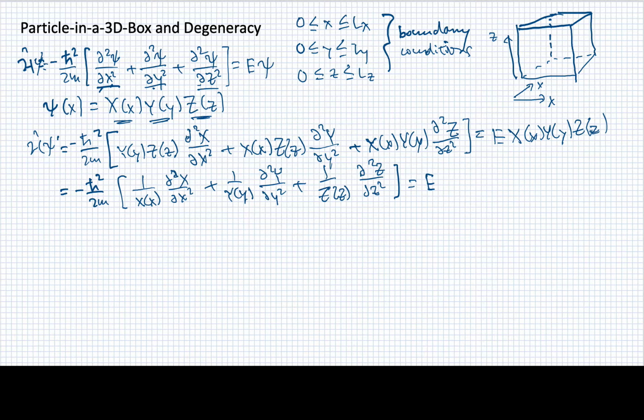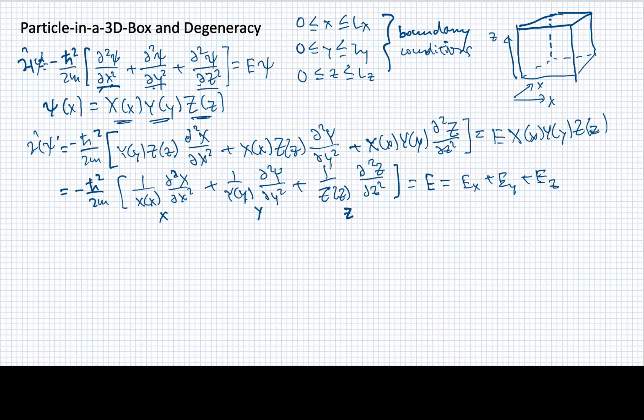Since I have a term that depends only on x, a term that depends only on y, and a term that depends only on z, I can now break this E down into a part that comes from x, a part that comes from y, and a part that comes from z, because these are all completely separated from one another.